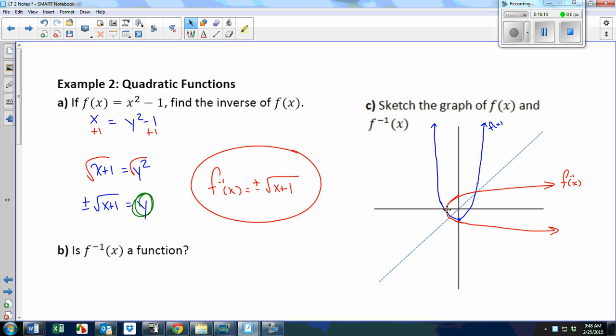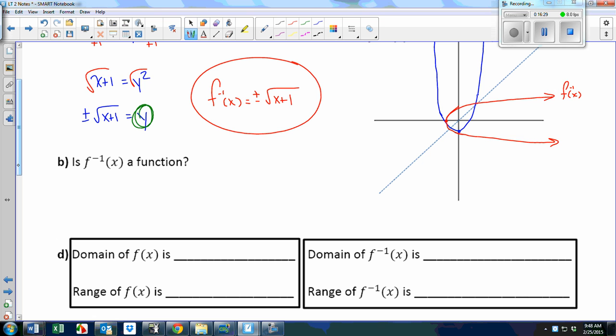Is there symmetry? Because there should be, right? So I'll be looking for the symmetry, and I'll also be looking, is your original function in the general vicinity of where it should be? But I'm not looking for little hash marks of 1, 2, 3, 4, 5 and graphing it exactly, just a sketch. Okay. All right. And again, was it a function?